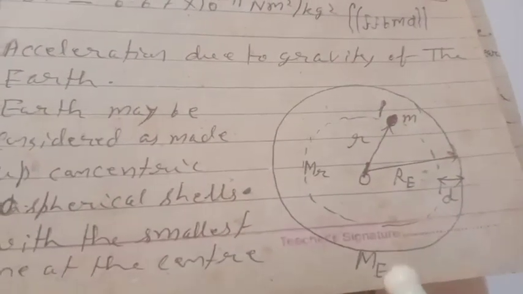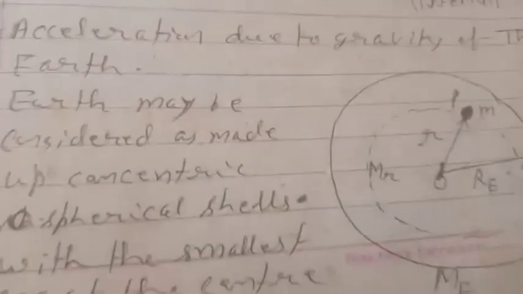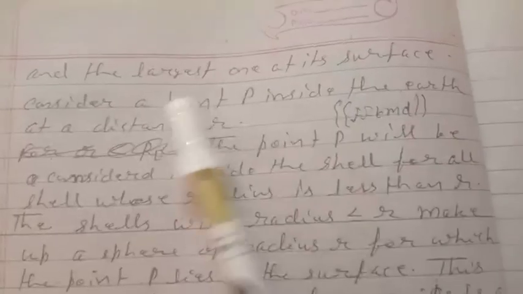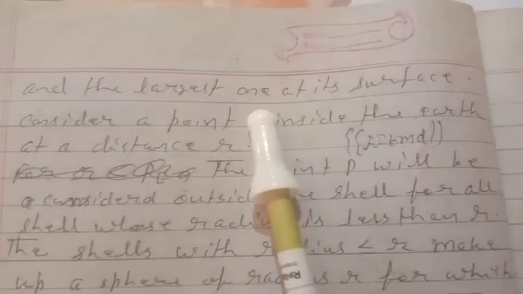Here the situation of Earth is shown, where Me represents the mass of Earth, and the largest shell is at its surface.